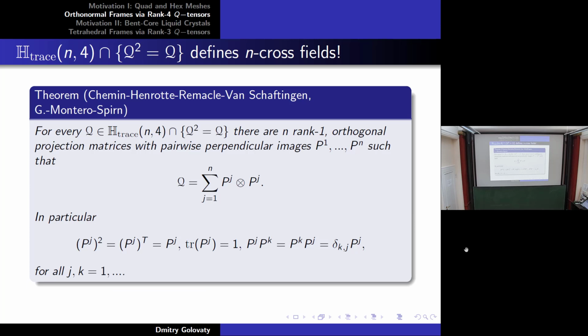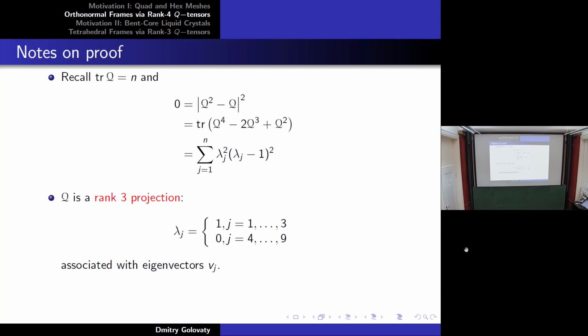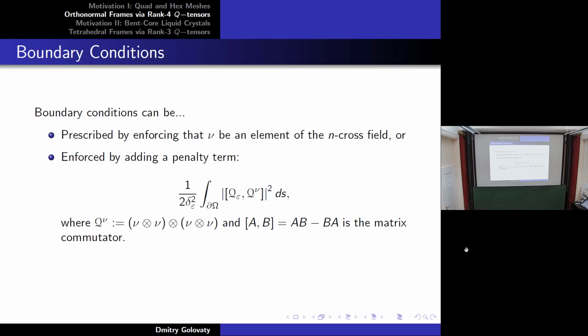So as I said, we can do recovery by imposing the nonlinear constraint. I will skip the details of that. We can impose boundary conditions. Boundary conditions in this case have to be imposed for the tensors. You can do this in two ways. Now, the boundary conditions that I'm interested in are basically that, remember that I said that for a mesh, I want the mesh to be attached to the boundary in a perpendicular way.